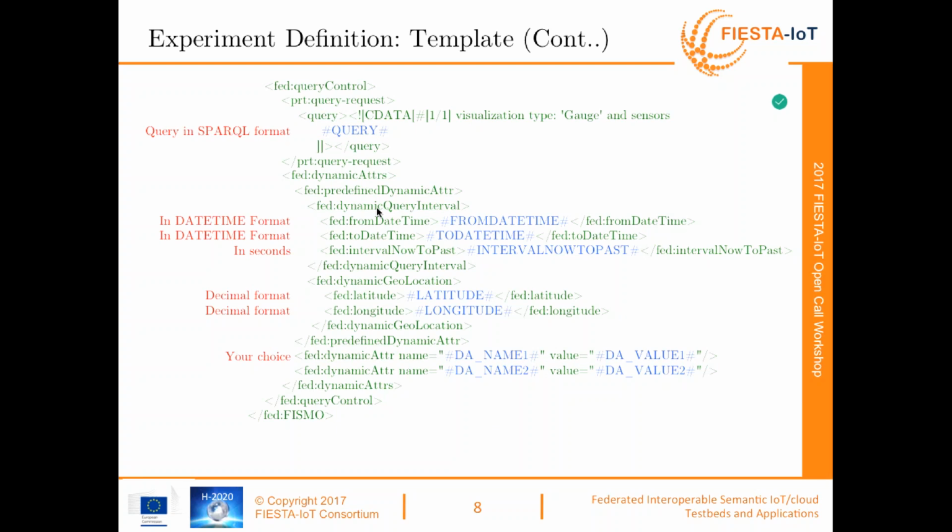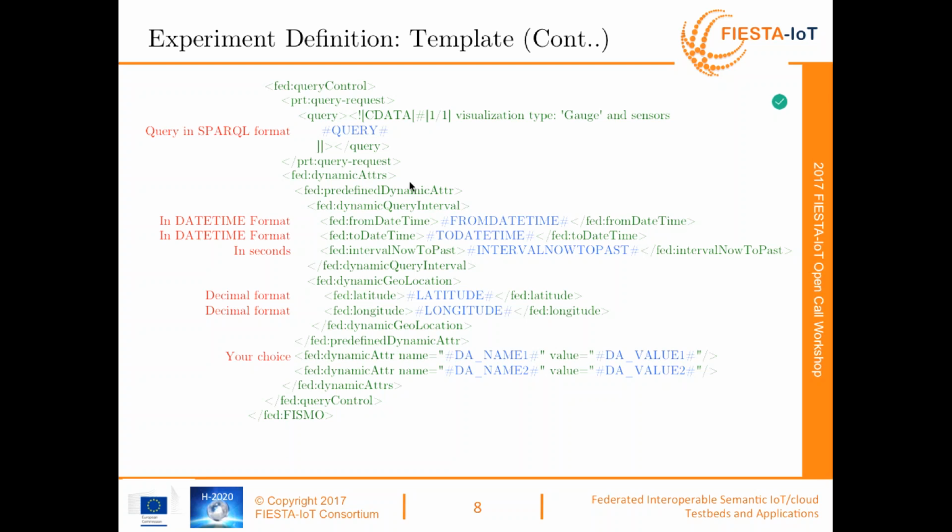Then you can specify the interval now to past and say, give me the data that was available from now until 10 minutes past. So this is also possible. Note that if you have from date time, to date time, and interval now to past, preference will be given to interval now to past, because this is more important than specific from and to dates.